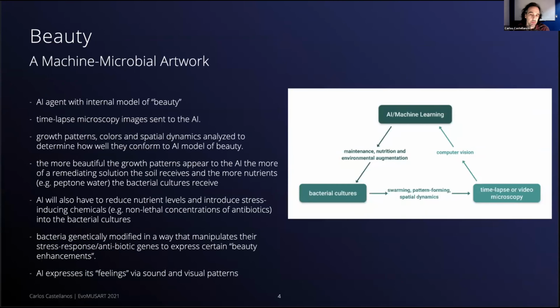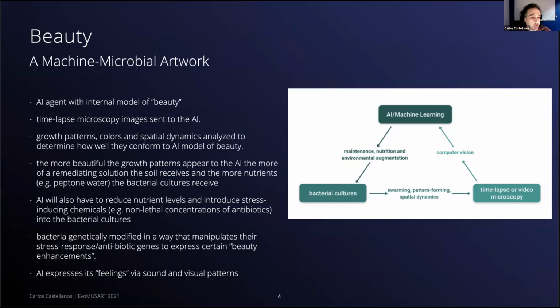So the system is basically this, right? You have a machine learning model, which I'll talk about in a second, maintaining or altering the bacterial cultures. We use time-lapse microscopy or video, and then that goes back to the machine learning model, right?